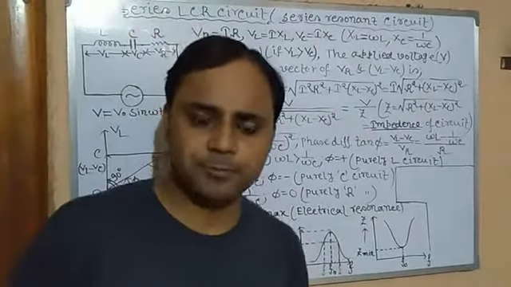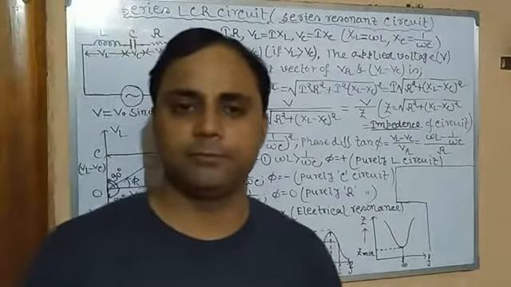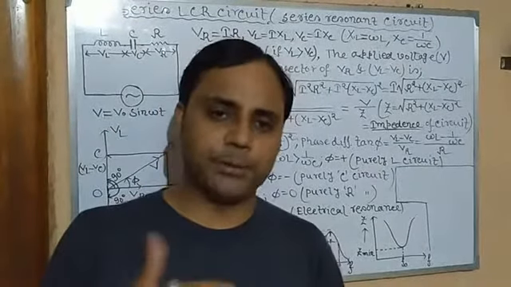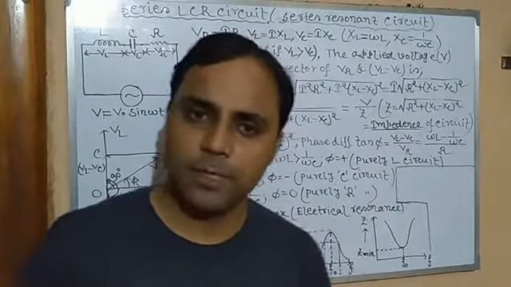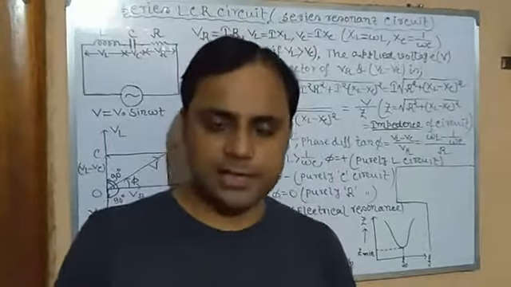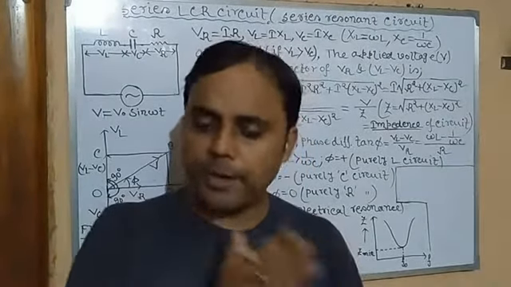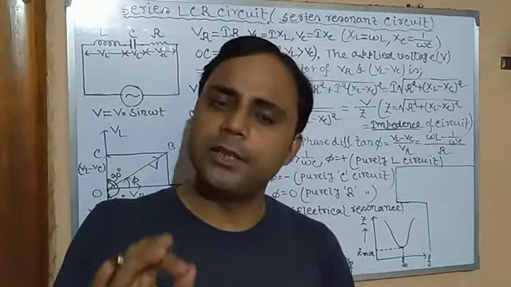Welcome students once again. So we were discussing different types of AC circuits, and today we will continue discussing it. In the last couple of videos we explained AC circuits containing different elements separately, individually.